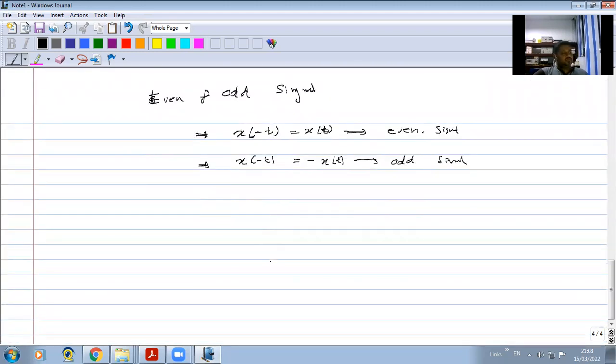So for example, an example for an even signal. Please try to imagine, if you consider maybe this type of signal.